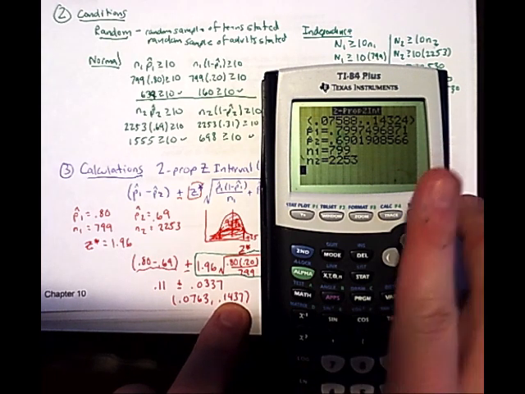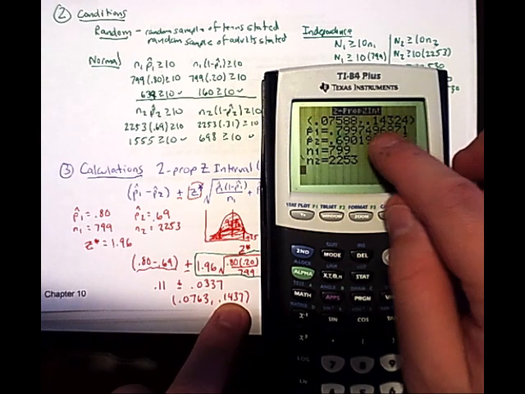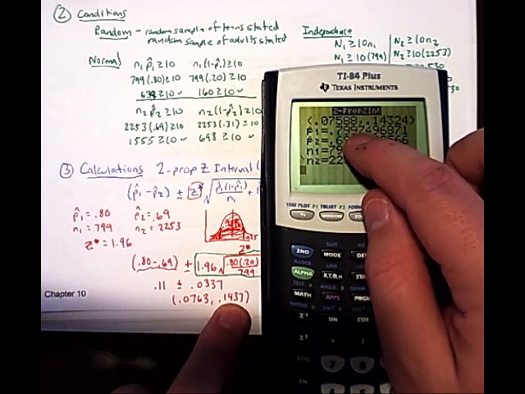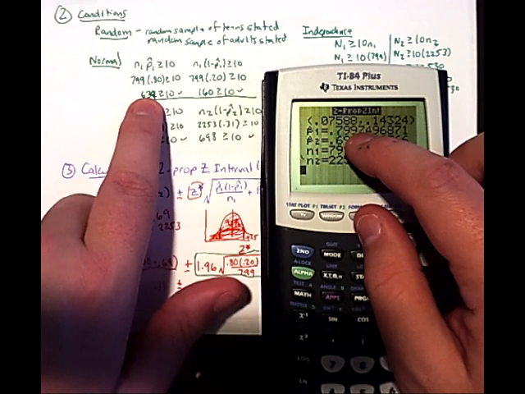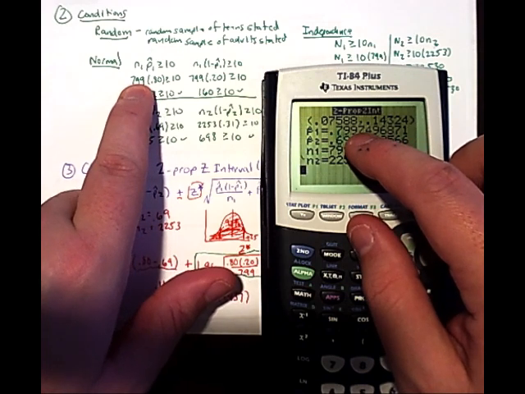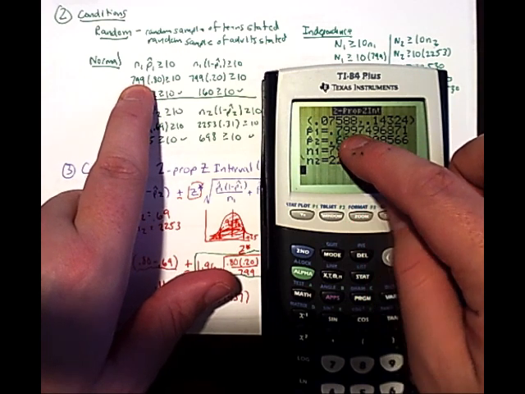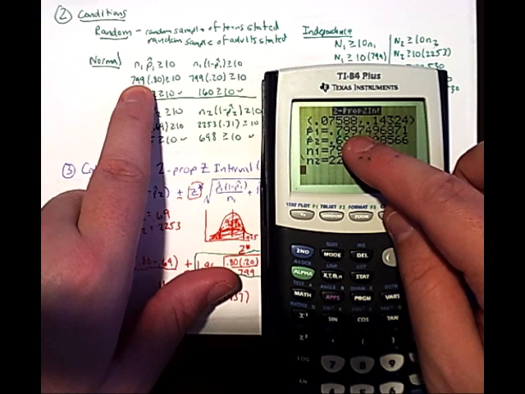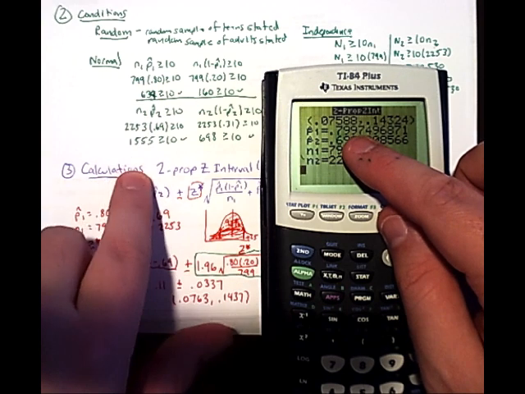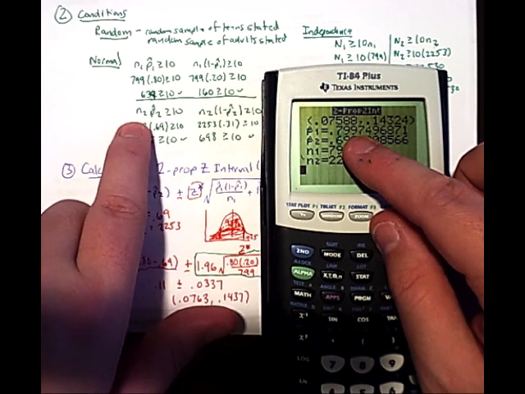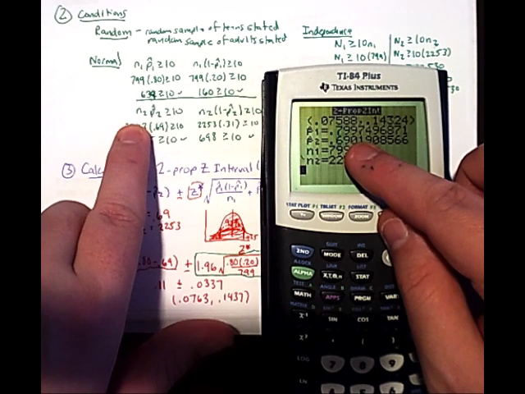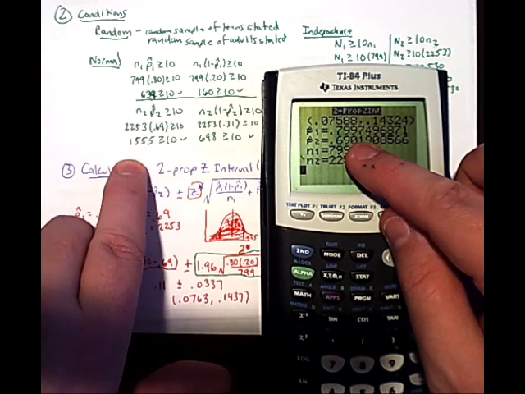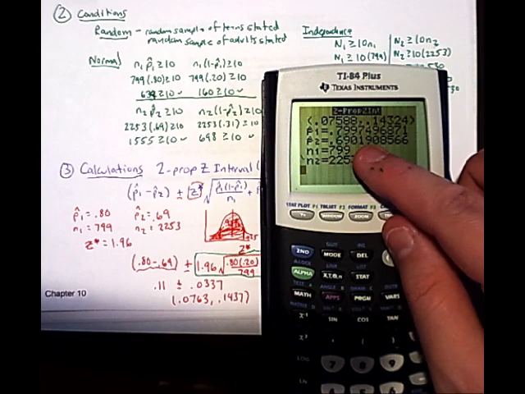Okay. As you can see, why is it different? Because when they calculate 639 out of 799, all right, that's not quite 80%. That's only 79.97%. And when they do 1555 out of 2253, that's just over 69% actually, where I use 0.69.